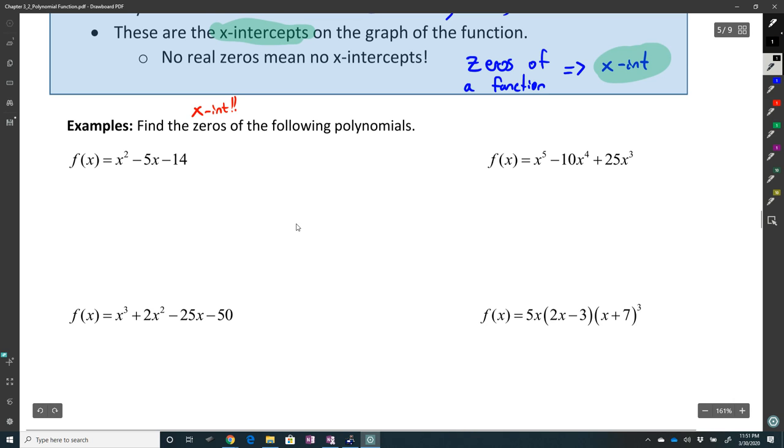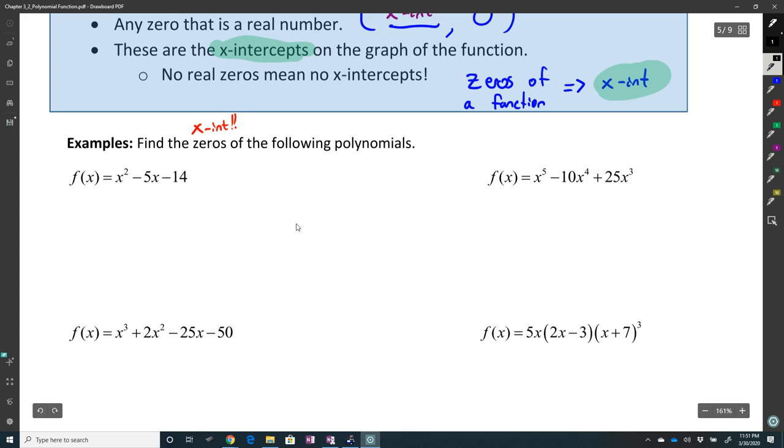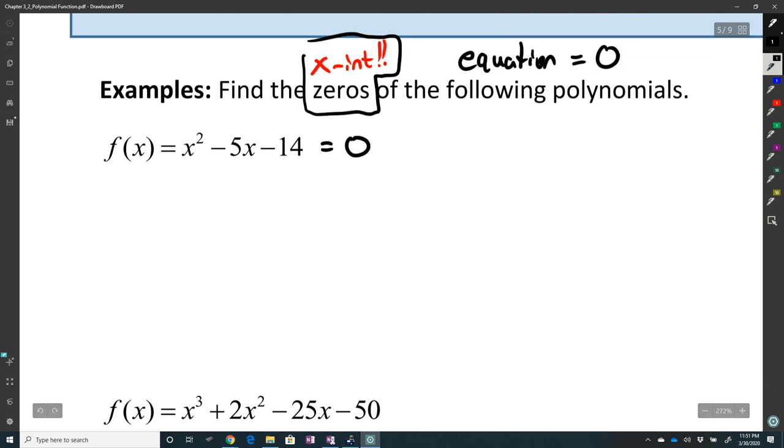Now, whenever you're looking for an x-intercept, or in this case, a 0, it's always going to be equation equals 0. That's what you're doing. That's the definition of any x-intercept, no matter where you're at. So I'm going to get this equation, and I'm going to set it equal to 0. And notice that this can be factored.